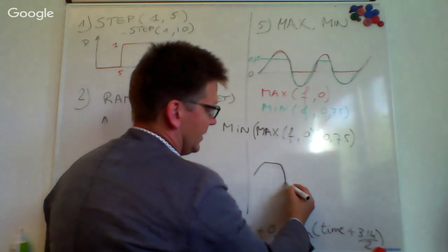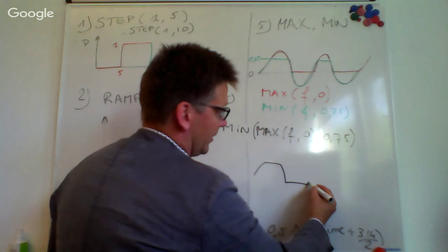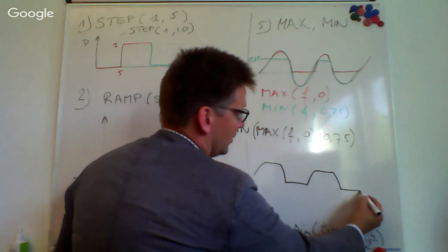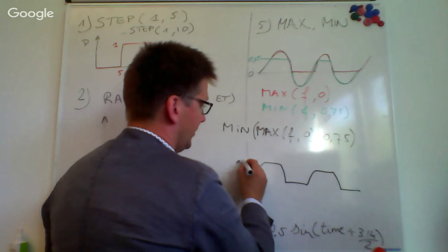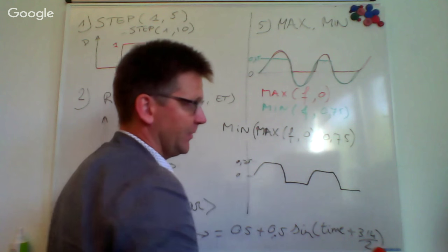Then it decreases again. It will never become negative. And then here we go again. So here we have 0.75, and here we have a bottom at 0.